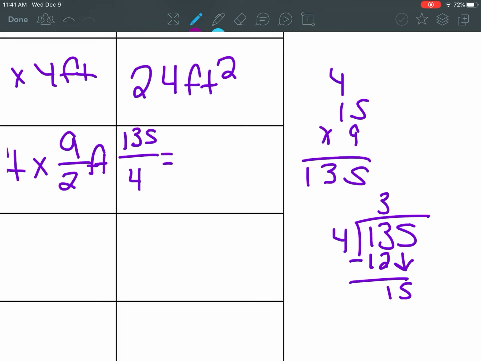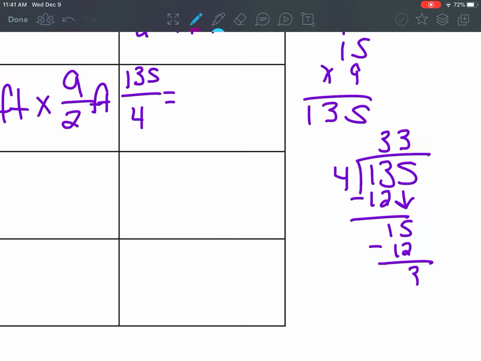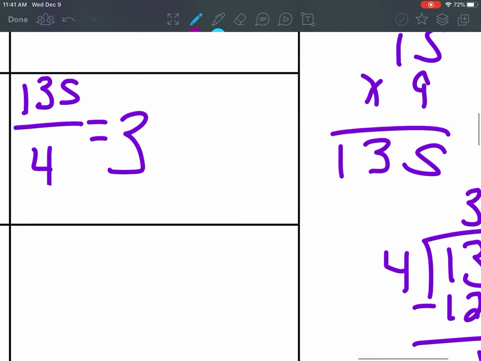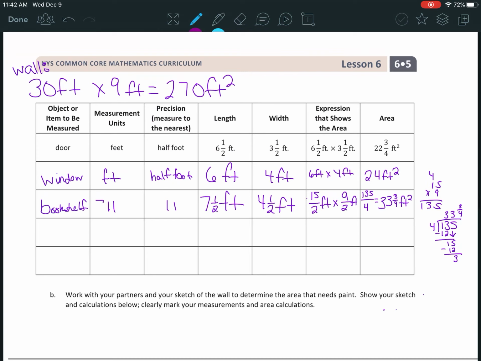How many 4s are in 15? 3. 3 times 4 is 12 still. And 15 minus 12 is 3. So my whole number would be 33. I have 3 left here, so it would be 33 and 3/4 feet squared.